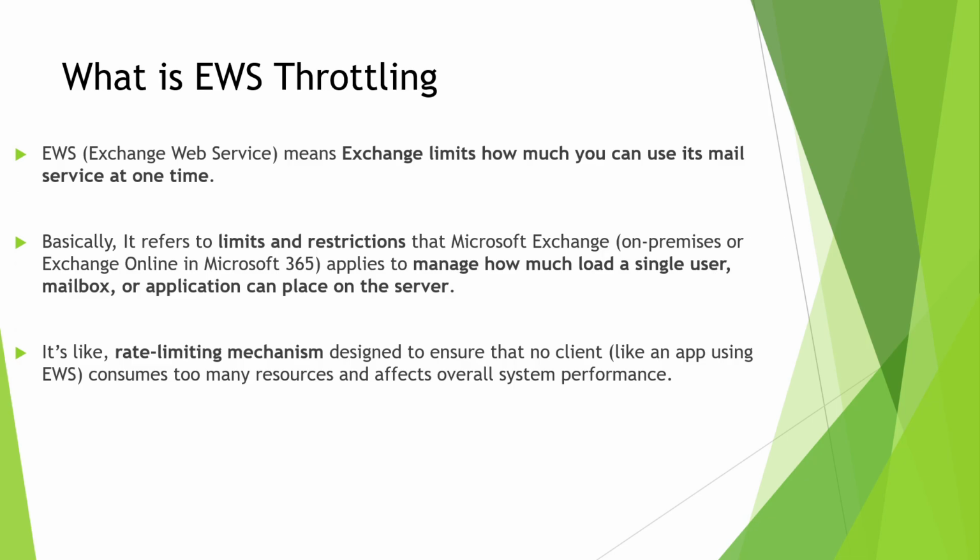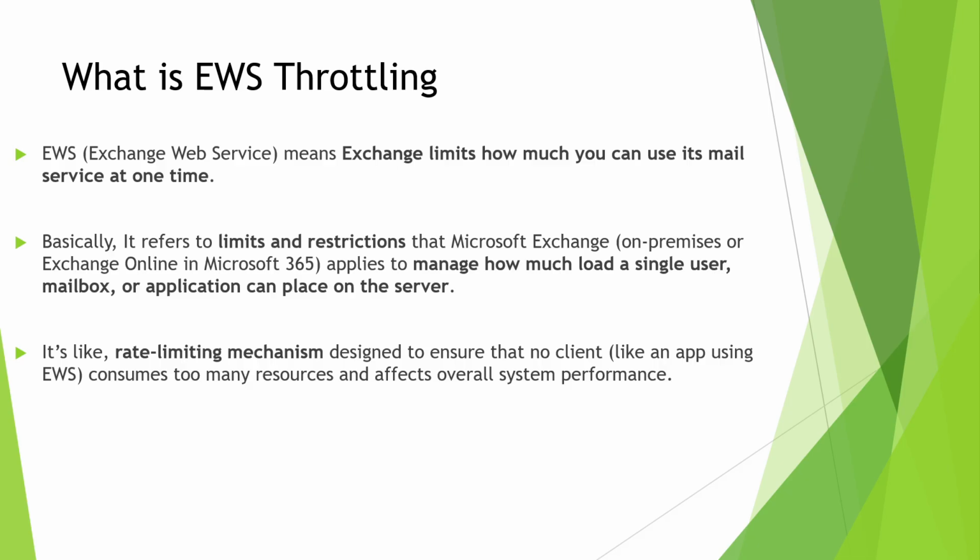What is EWS throttling? Microsoft limits how many actions you can perform on Exchange, like reading or moving emails, in a short time. It helps prevent one user or app from overloading the mail server and keeps email services stable for everyone. Here, as you can see, EWS, Exchange Web Services, means Exchange limits how much you can use its mail service at one time.